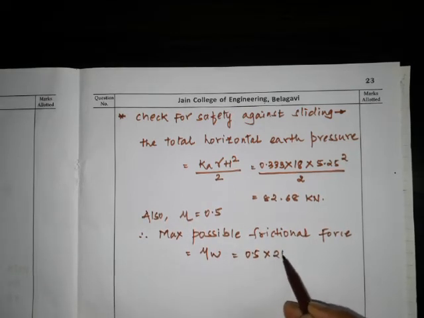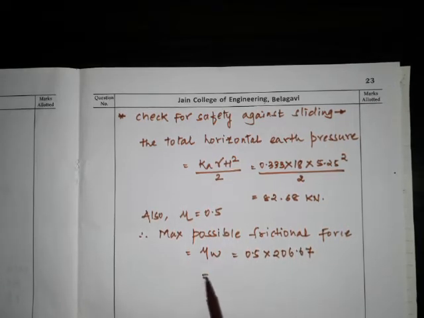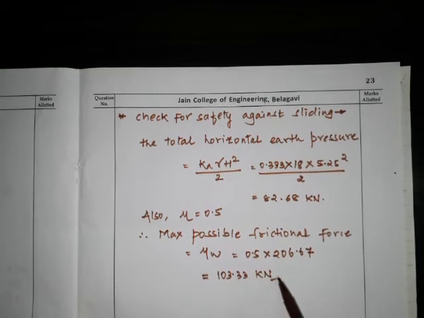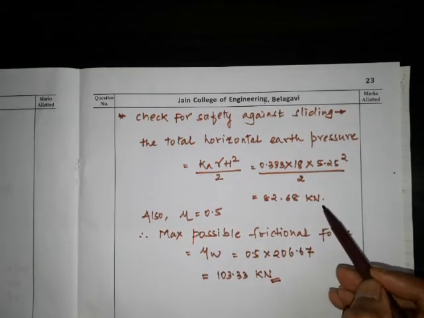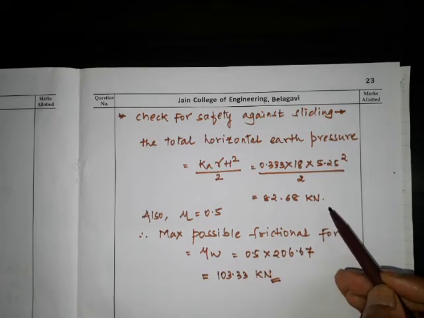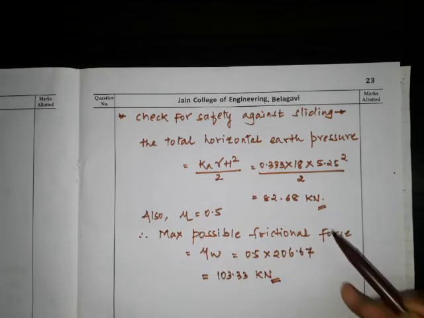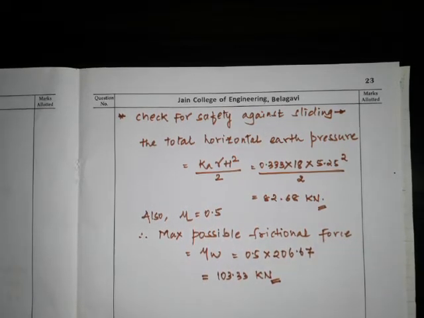So that is 206.67. So we get the frictional resistance as 103.33 kilonewton. Correct. So this is the force acting on the retaining wall, and this is the frictional resistance.